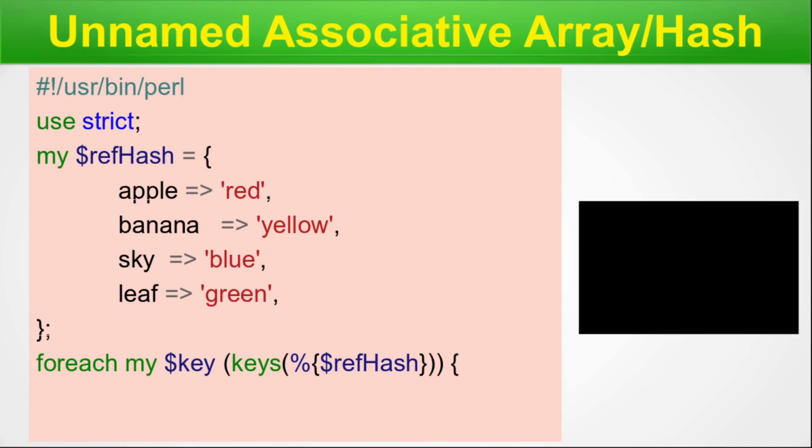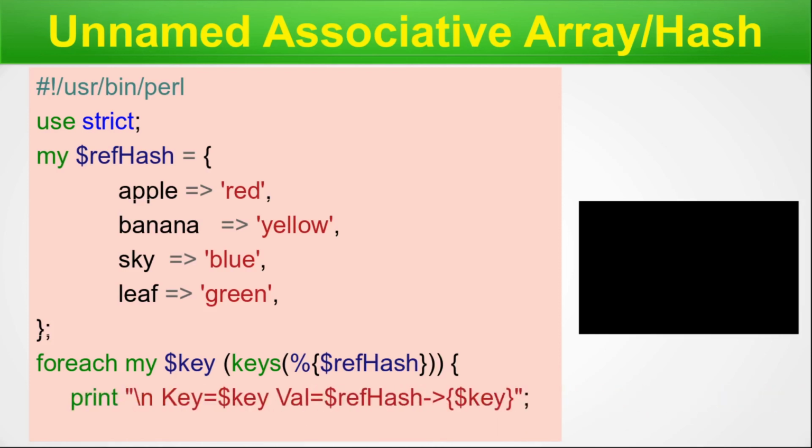Then we use the percentage sign, which is the dereferencing here, and within the curly bracket we put $ref_hash. Then we print $key, and the value will be printed as $ref_hash, then arrow, then $key.